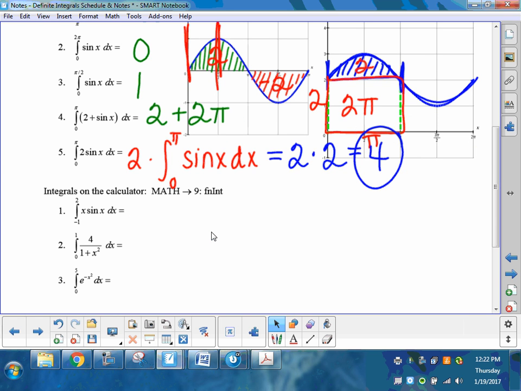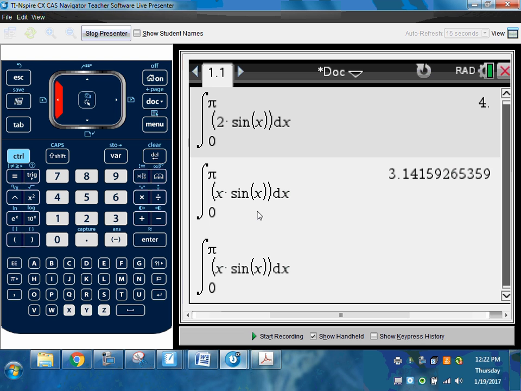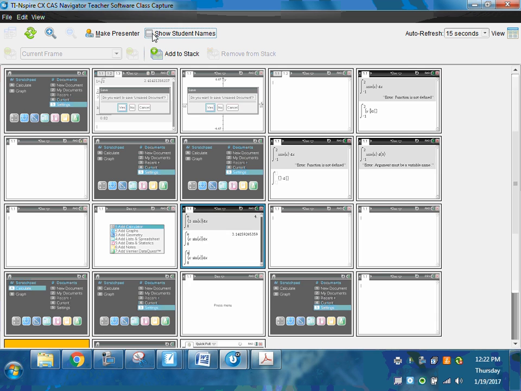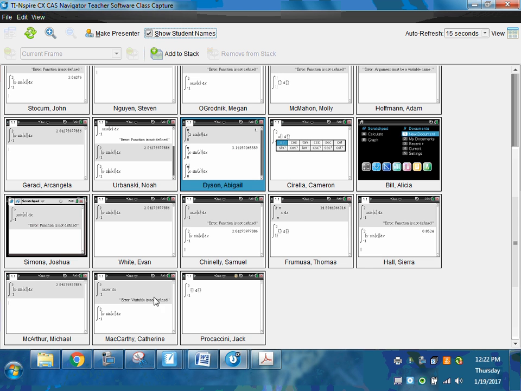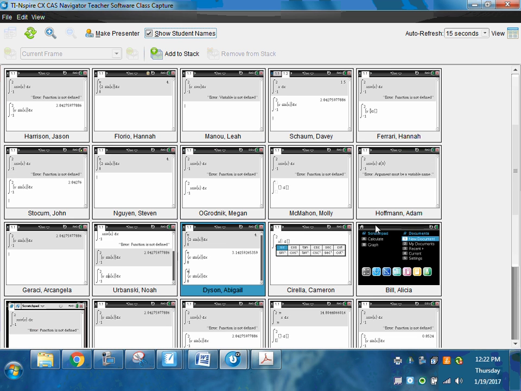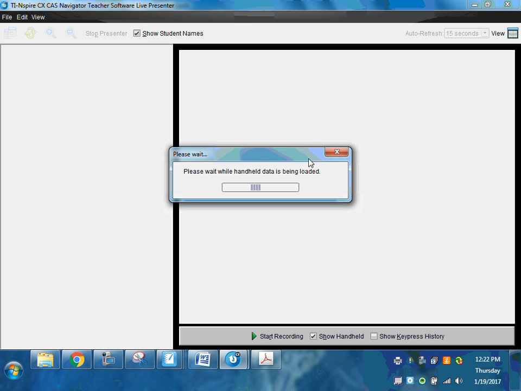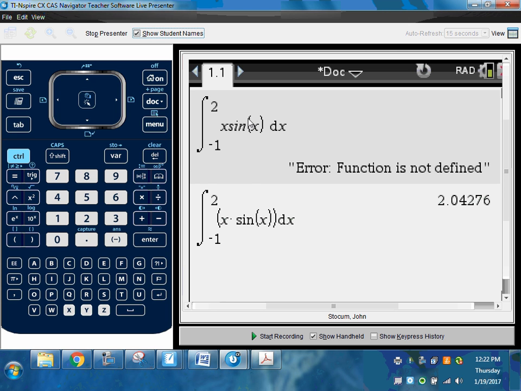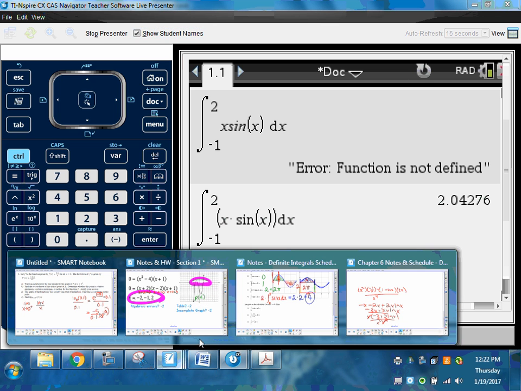Do X times the sine of X if you're not getting it out right. Which one's yours, John? Top left. Unmute, please. Here we go. So, what did he do differently to go from this to this? X times the sine of X. Now, is this wrong too, or are those the right constraints?